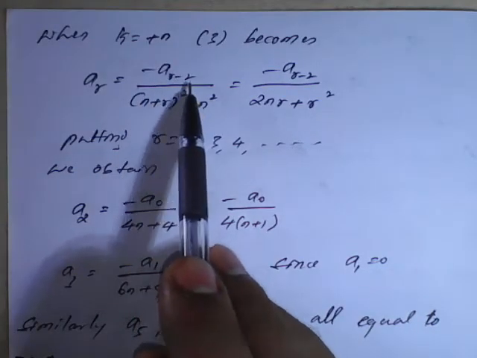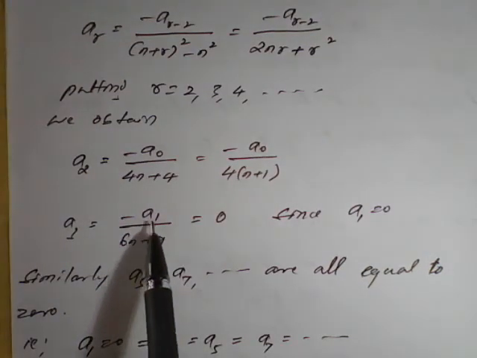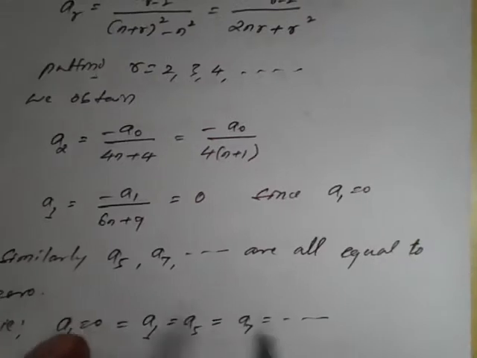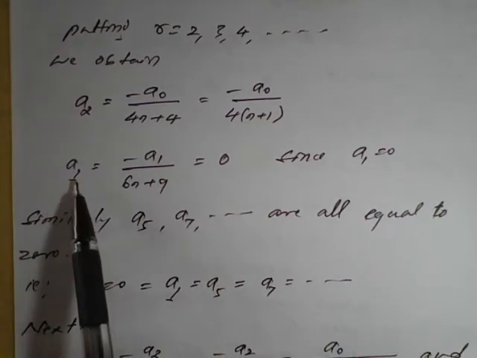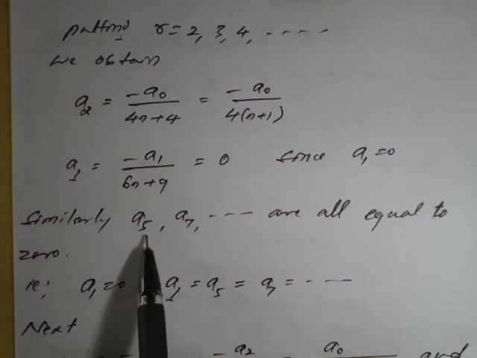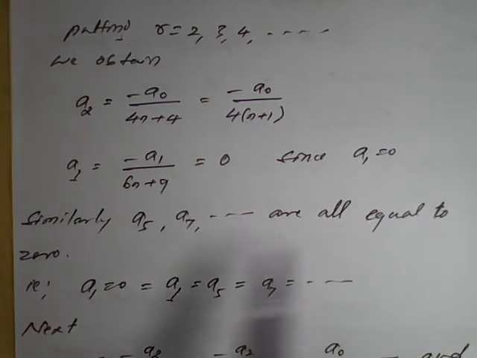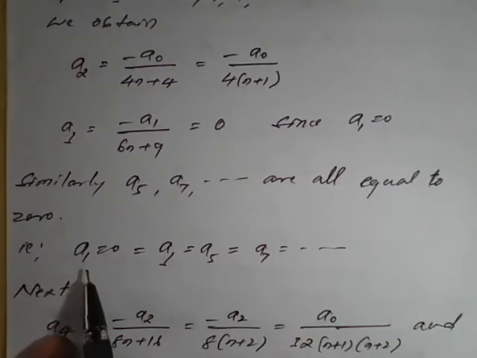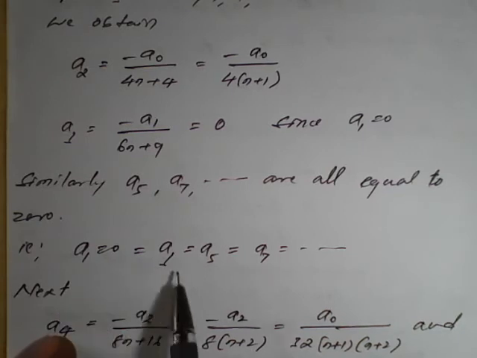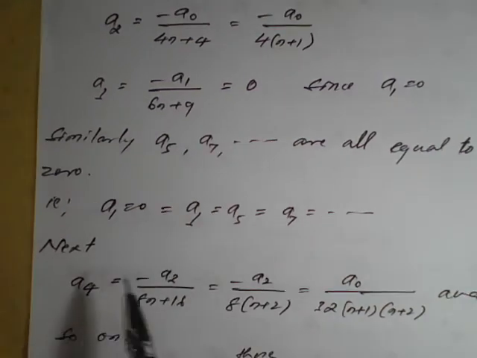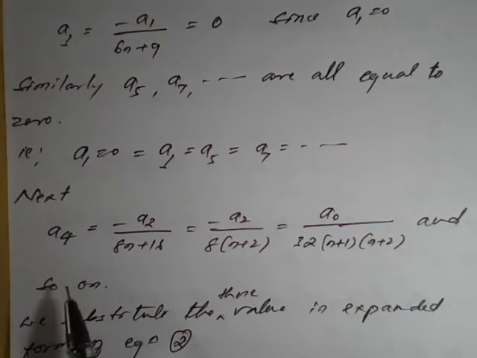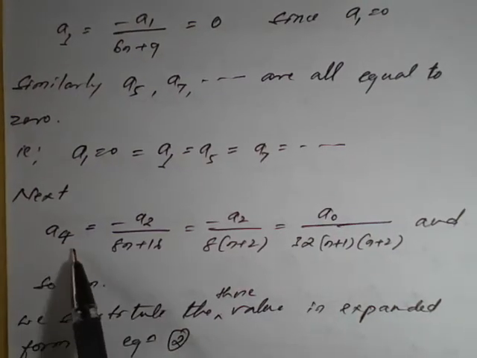So 3 minus 1 is a1, but we know that a1 is 0, as we have already considered. So a3 is also 0. Similarly, I can say that all odd coefficients a1, a3, a5, a7 are all equal to 0. So only the even ones we need to calculate, that is the a4 value.